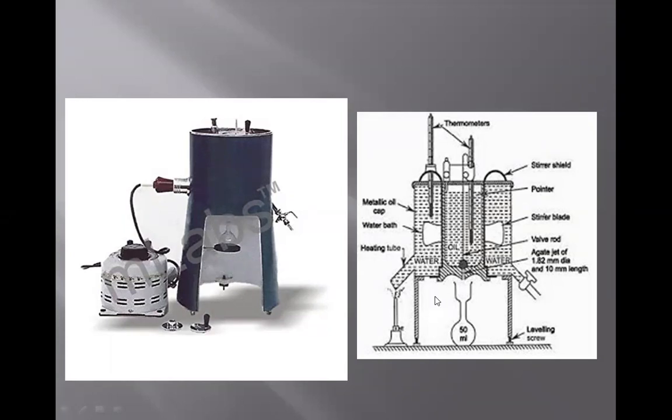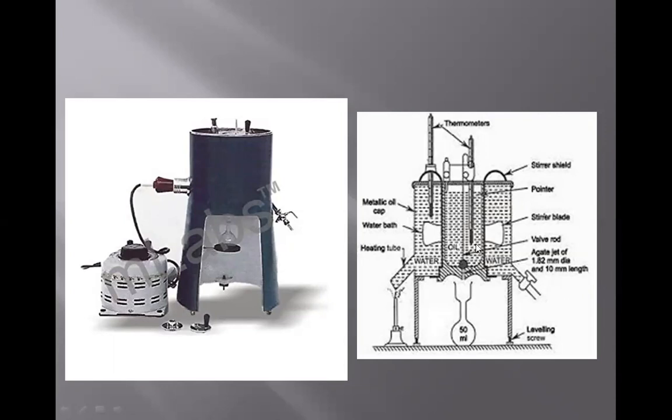Again, there is a rod which is placed against the orifice so that we can start or stop the oil flow towards the 50 ml flask. Two leveling screws are also there to maintain the level of your instrument. Then an orifice having a diameter of 1.8 mm and 10 mm length is also there.